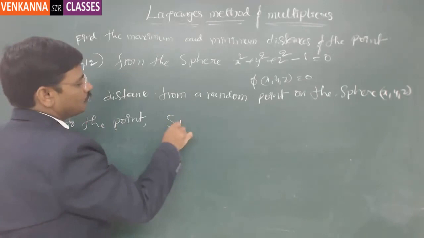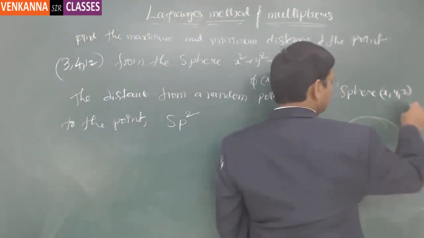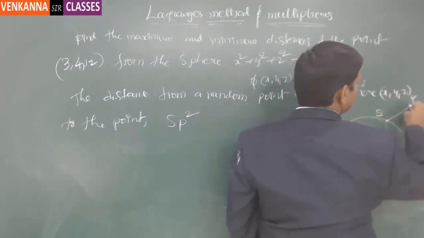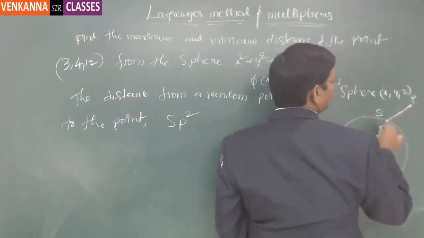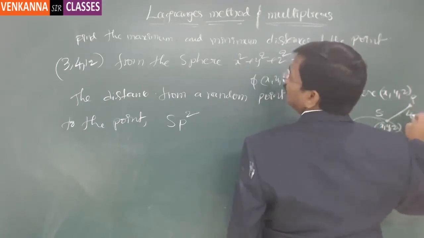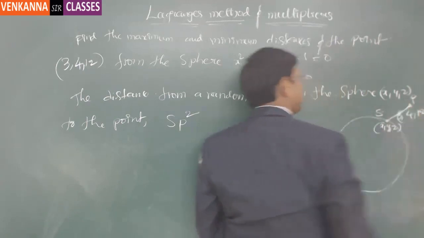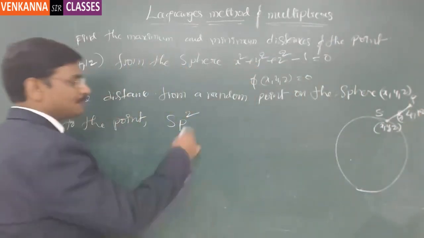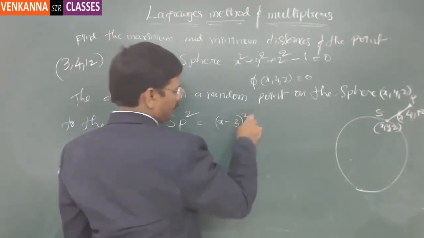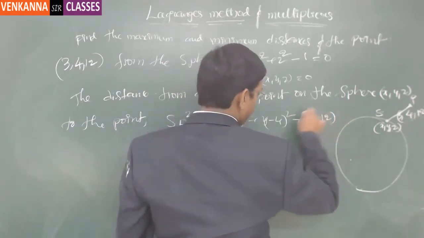This is a sphere and this is a point, so I call this point S. Then this distance is SP, where this point is x, y, z, and the other point is 3, 4, 12. Now the distance SP square is equal to x minus 3 whole square plus y minus 4 whole square plus z minus 12 whole square.